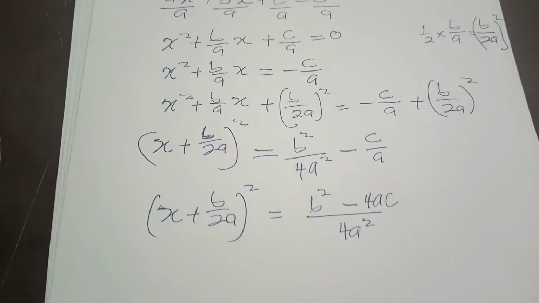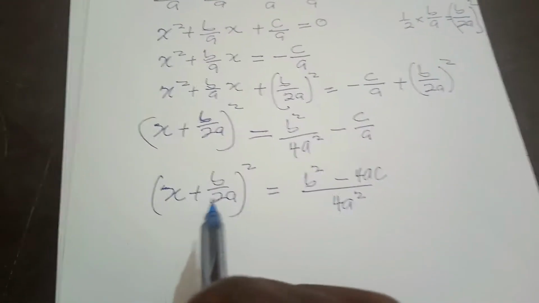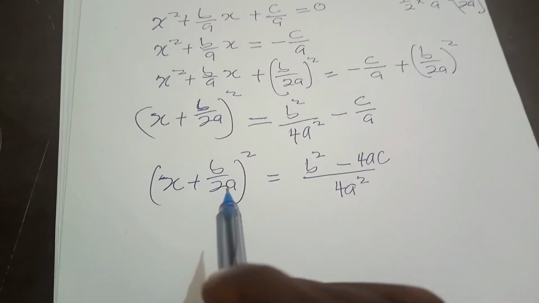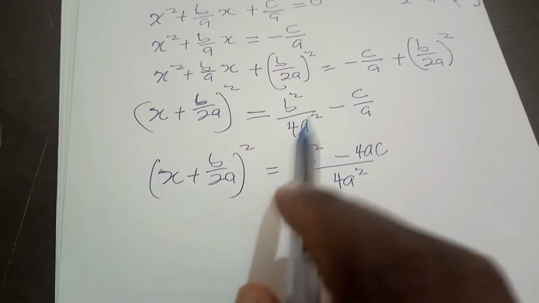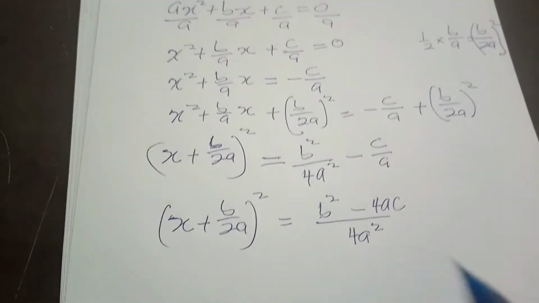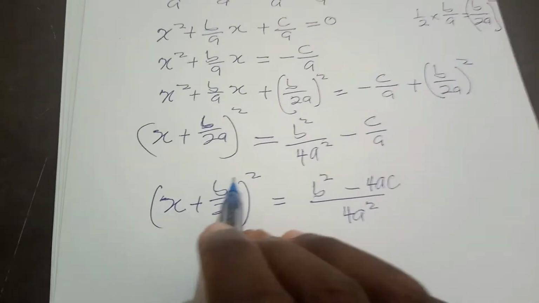Alright. Then our aim is to make x the subject of the equation. Because of that, we have to open these parentheses, and that is by taking the square root of both sides. When we take the square root of both sides, the square root will get rid of the square.